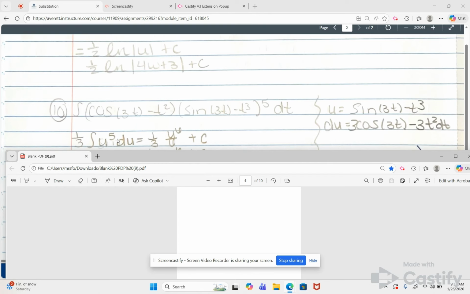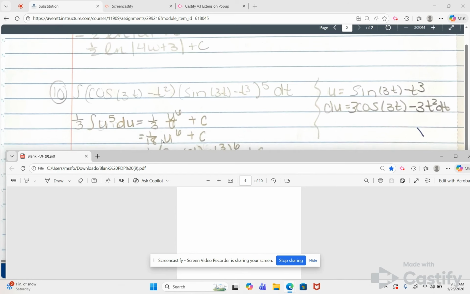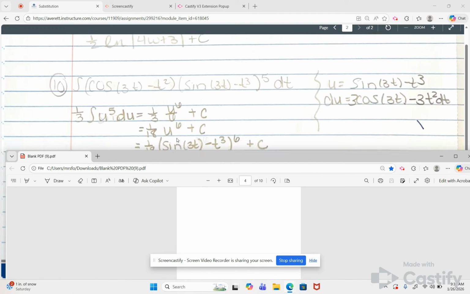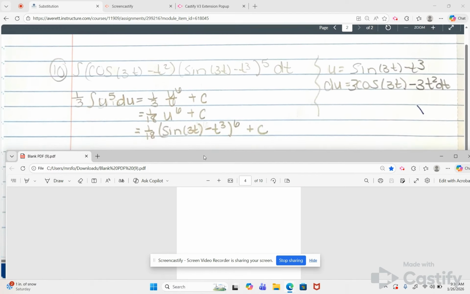So now I say I want to take the antiderivative of u to the 5th. So that's u to the 6th divided by 6 plus c. Now, looking here, you're going to want to do something with the 1/3 and 6. You can either make the 18 in the denominator here, or you can pull out 1 over 18 u to the 6th. So what I did is I pulled out the 1 over 18 u to the 6th, and then it looks something like this.